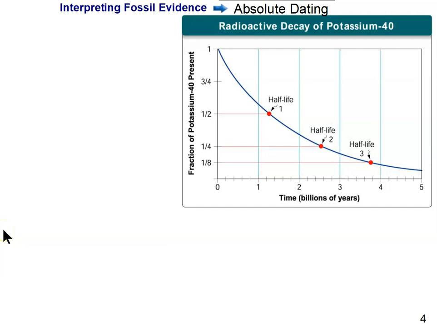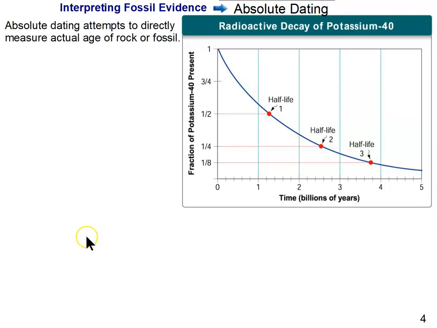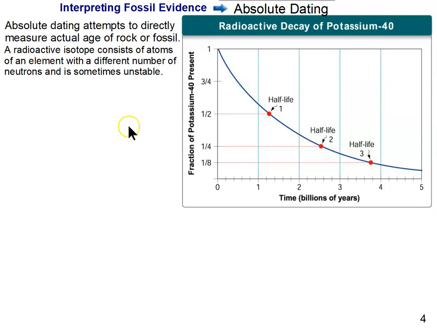So relative dating is not very exact, right? You probably got that impression from the previous slide. But we also have absolute dating. And absolute dating is the determination of the actual age of a rock or fossil using a technique like radiometric dating, which uses a radioactive isotope, which is an atom that has a different number of neutrons.